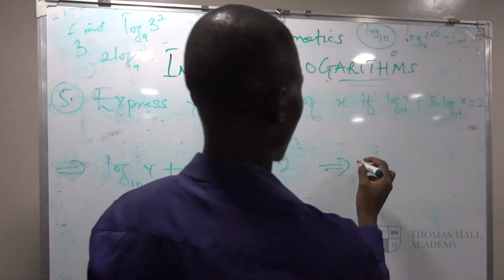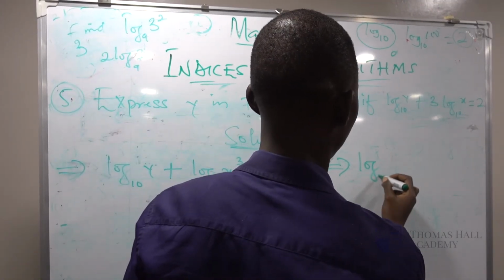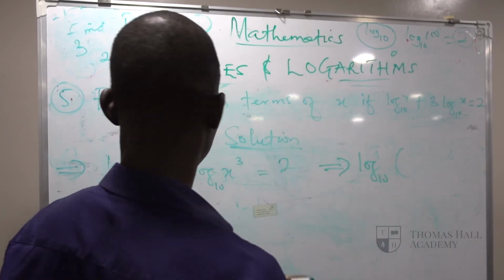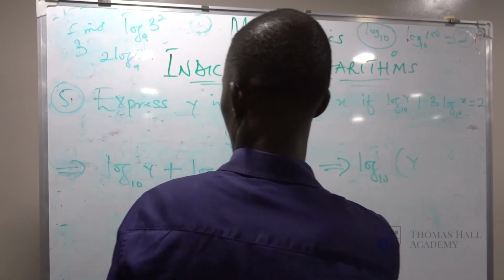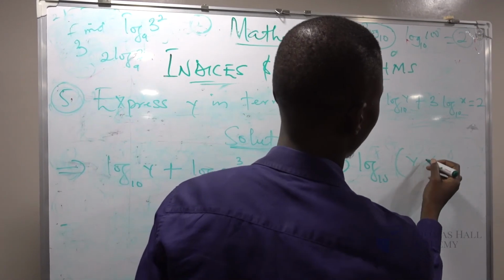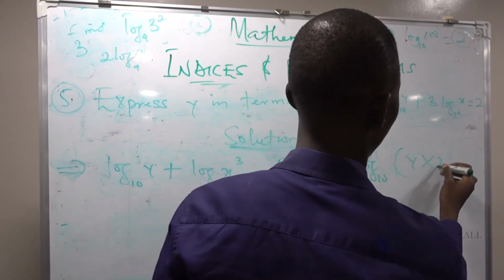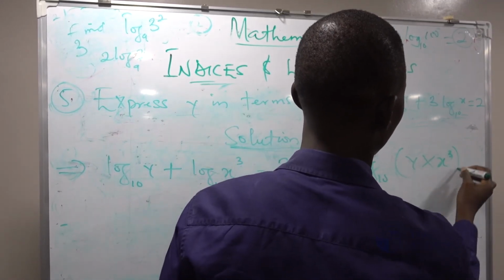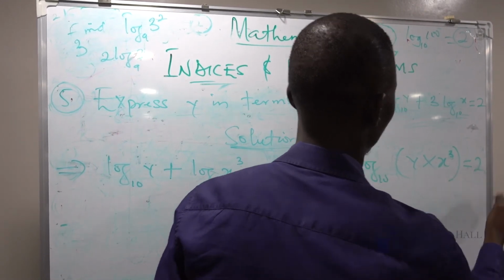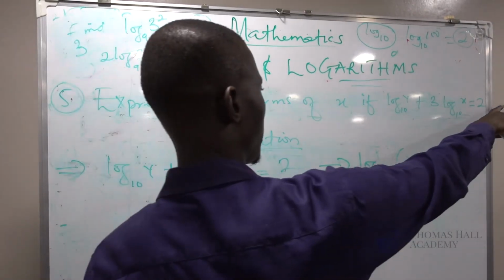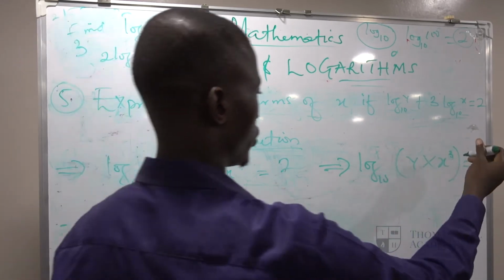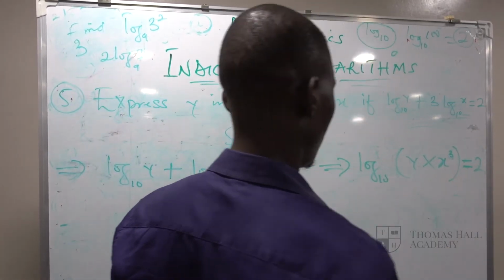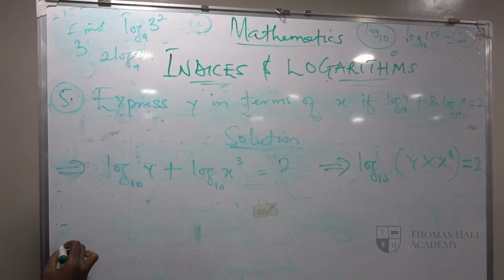Log base 10. Let's factorize. We are having y, and because of this plus sign, we are multiplying the logarithms, x raised to the power 3, equals 2. Remember, the right-hand side of the equation does not have a logarithm. So we apply what we have learned.